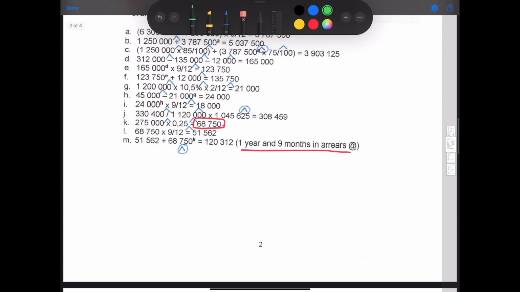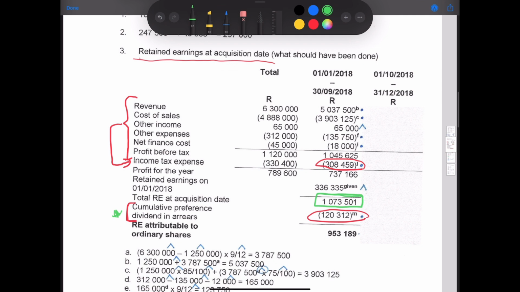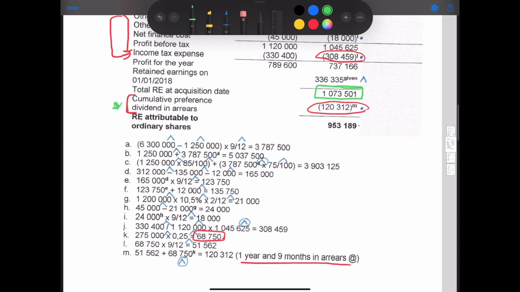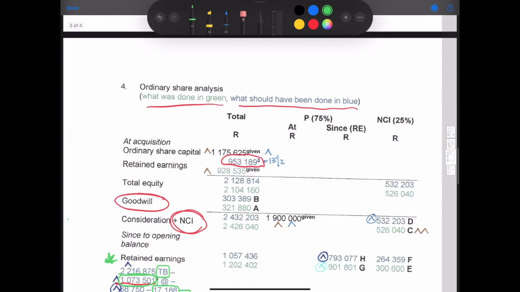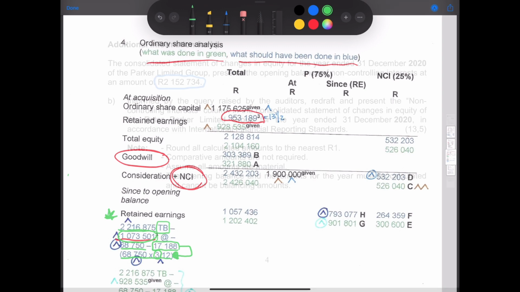In your calculation above of the retained earnings at acquisition date, the cumulative preference dividends in arrears that have been deducted are for 1 year and the 9 months before they acquired the subsidiary. And that is why in the since portion of your retained earnings, you deduct the remaining 3 months of the 2018 year of assessment after the acquisition.